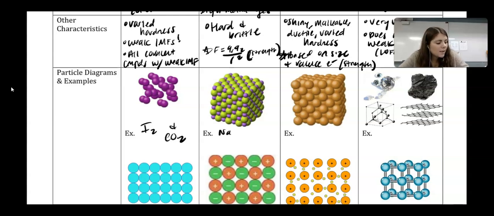Next example, NaCl, magnesium oxide, great examples. You can see that plus and minus pattern, that lattice structure of our ionic compounds. Next, copper is a great example. You can also indicate alloys like zinc and copper. Here, I'm going to zoom in.